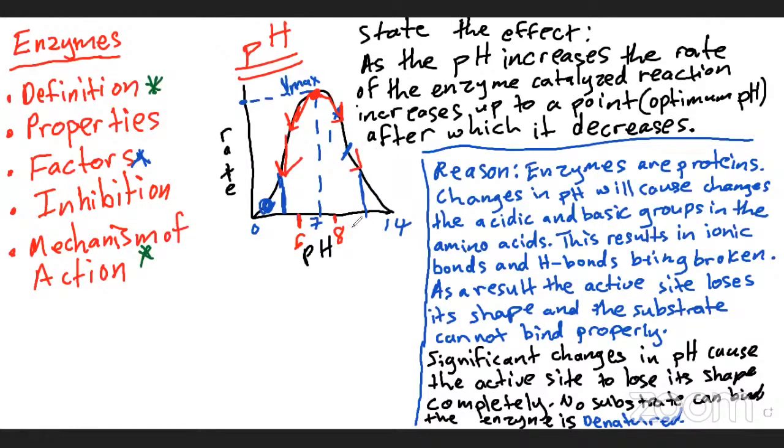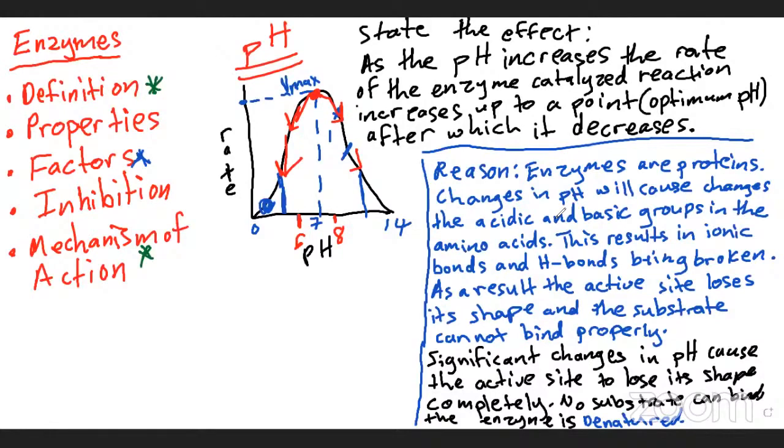Even though when we look at the graph, we say that as pH increases, rate increases, that is true in a sense. But if you look at it from this perspective, from the optimum, you will realize that deviating from the optimum pH, the rate decreases. And that is what we put in the explanation. Once you change the pH, the bonding in the enzyme is going to change, so the rate automatically changes.